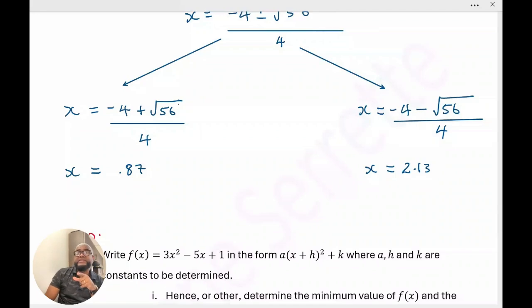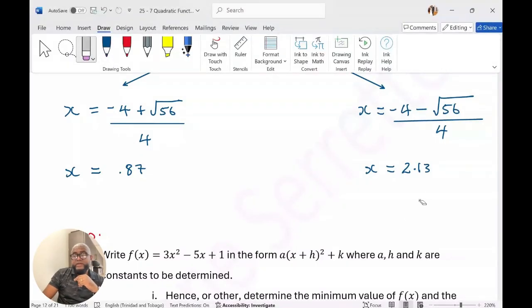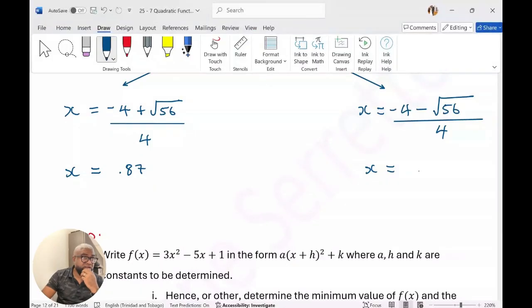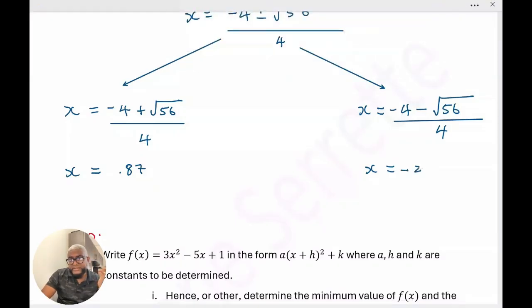Those calculators are weird, eh? For 7.4, something is wrong. It is going to be a minus. Somebody says negative 2.87 here.